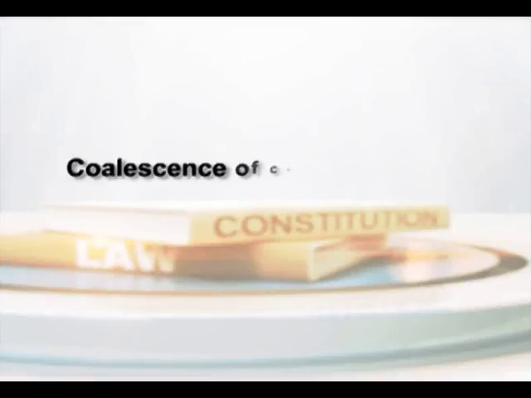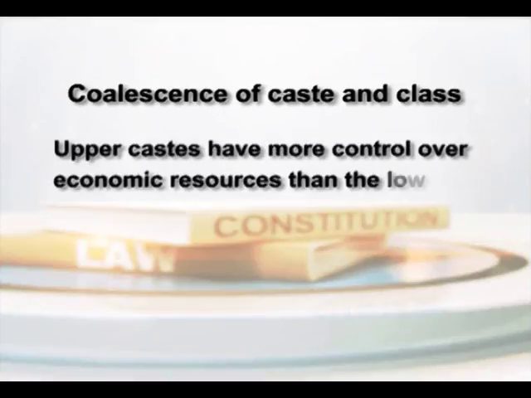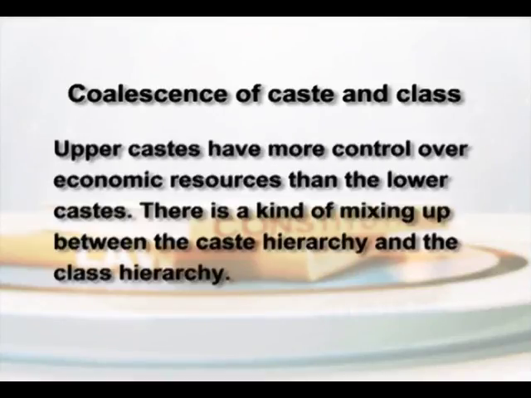The next major area that we should discuss in this respect is the coalescence of caste and class. It has been found by many sociologists, ethnographers and anthropologists that in India, there has been some kind of mixing up or coalescence of caste and class, meaning thereby that those who are upper castes incidentally happen to be those who in fact control the economic resources.